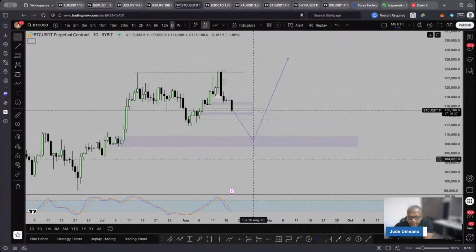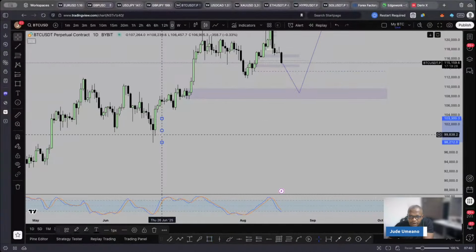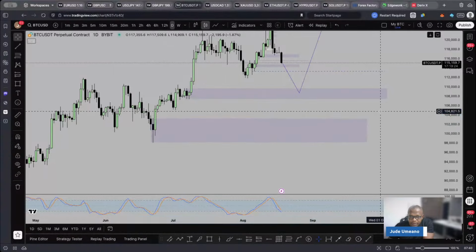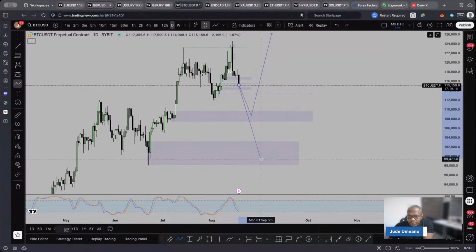Maybe that's where we'll go higher from, right? But of course, there are a lot of nuances to it. This is another demand zone, possible area.